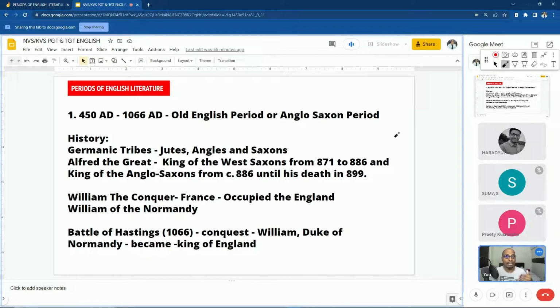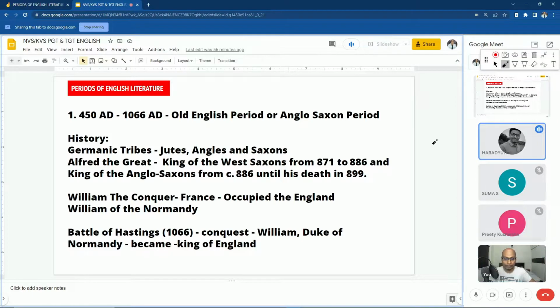Even the rulers are important, because they can give you a question based upon the kings and queens who ruled during that period, and they may ask you who is the ruler of the Elizabethan period. Maybe a very simple question. Who is the ruler of the Elizabethan period? Ghosh? Elizabeth, Queen Elizabeth. Right. So likewise questions also come. So you need to combine all this information under each and every period or age.